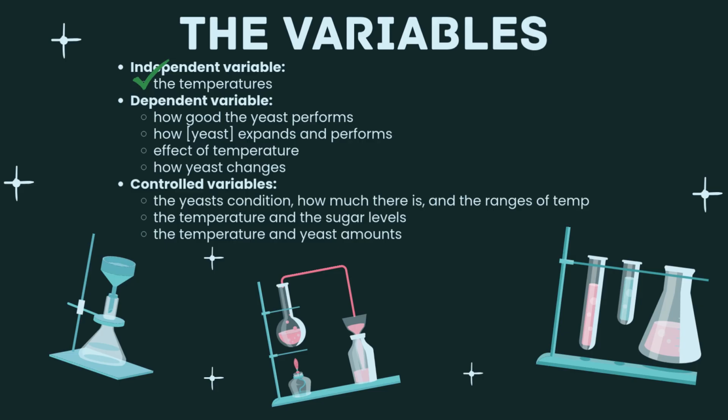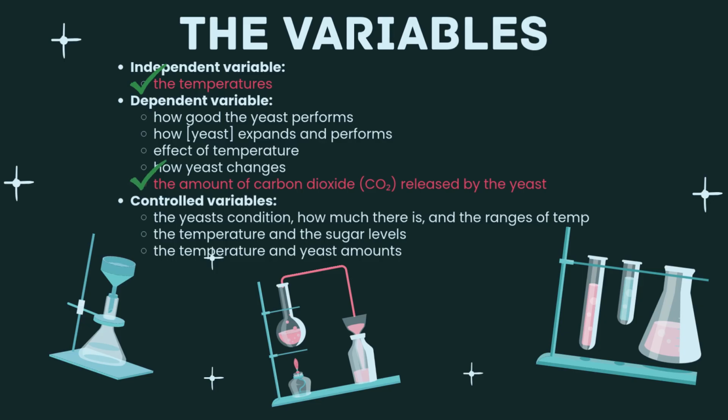So as far as the dependent variable, the one that I like the best is how yeast expands and performs. I got a couple of other answers that you can read on the screen, but I think this is a good one. But I think we can do even a little bit better than this answer, and that is actually the dependent variable is the amount of carbon dioxide that's released by the yeast.